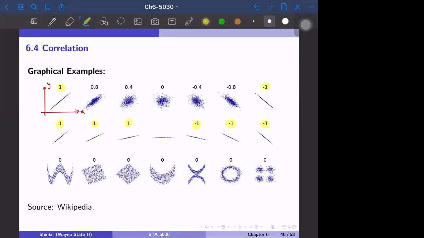In the middle, if we have a strong positive relationship between x and y, but still have some noise, then Pearson's correlation is lower, 0.8, or even smaller, 0.4. And 0 is just random; x and y are independent.